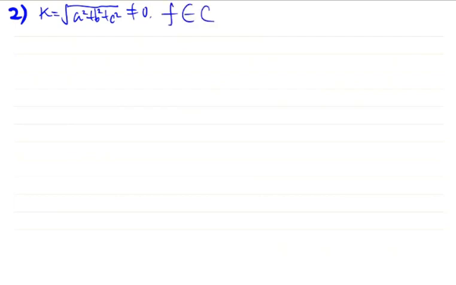Now we consider the second problem. The second problem, as before, kappa is the square root of a square plus b square plus c square, which is not 0, and f is a continuous function on [-kappa, kappa].